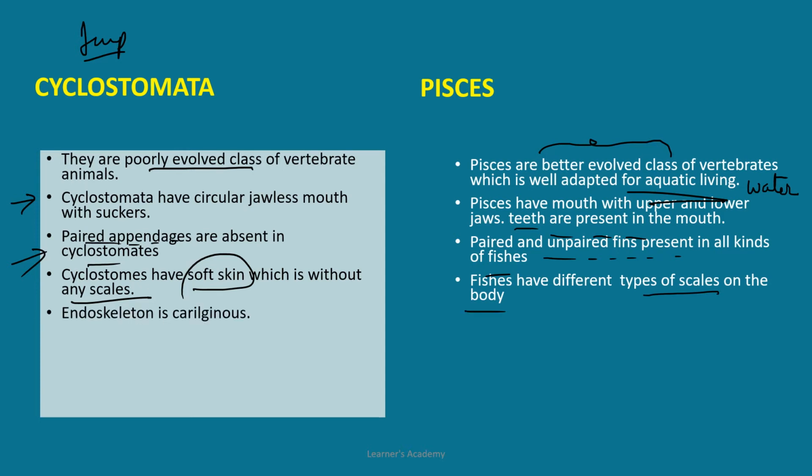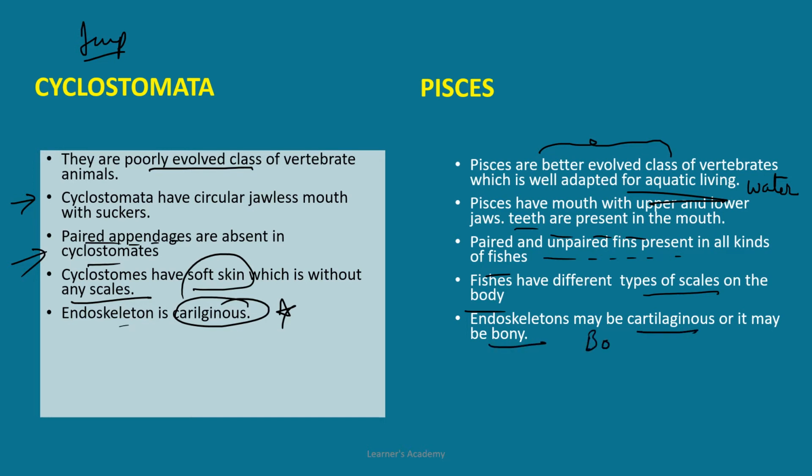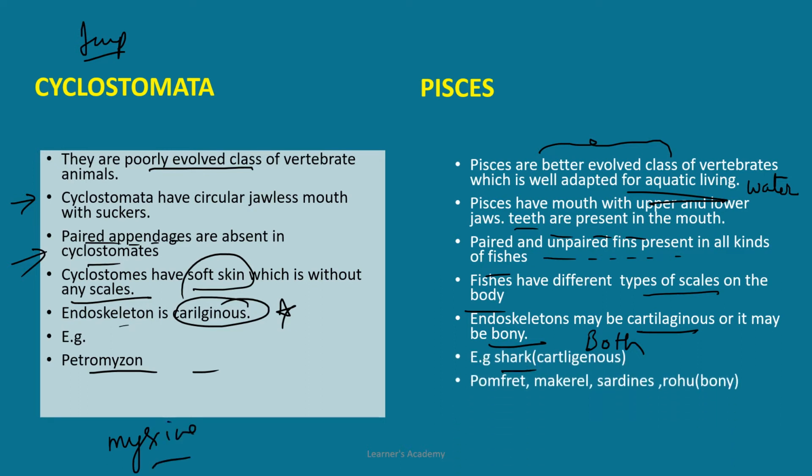Endoskeleton in case of Cyclostomata is cartilaginous, whereas in Pisces it may be cartilaginous or bony. Examples of Cyclostomata are Petromyzon and Myxine, whereas for Pisces there are plenty of examples. For example, shark, which is cartilaginous, and pomfret, mackerel, sardines, rohu. These are all bony fishes.